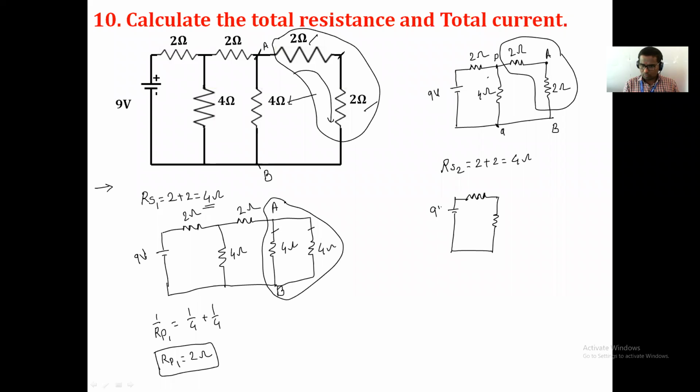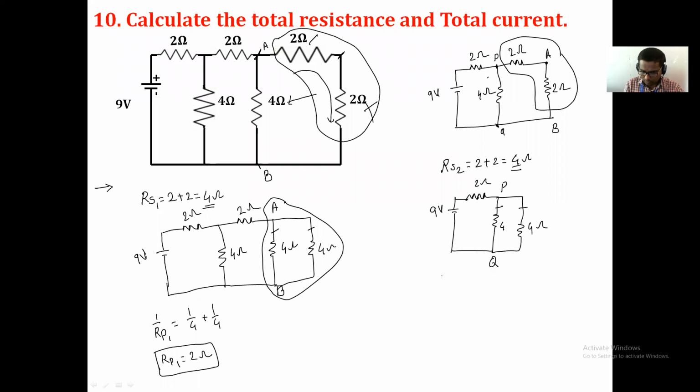This is 9 volt, this is 2 ohm, this is point P, this is point Q, this is 4 ohm resistance, and now this 4 ohm resistance I can connect in between these 2 points. Is it clear? Now this 4 ohm and this 4 ohm, how are they connected? Parallel. So can I directly write it down here?